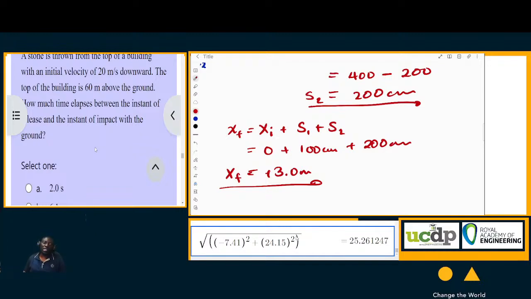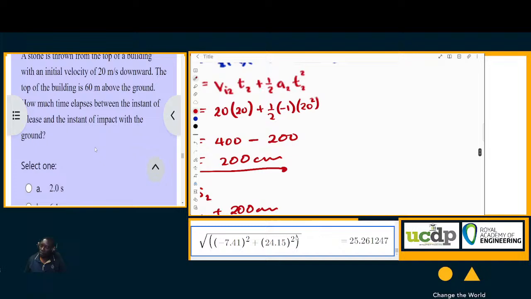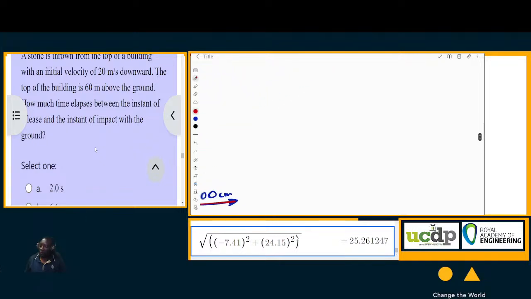So this stone is thrown from the top of a building with an initial velocity of 20 meters per second downward. The top of the building is 60 meters above the ground. How much time elapses between the instant of release and the instant of impact with the ground?